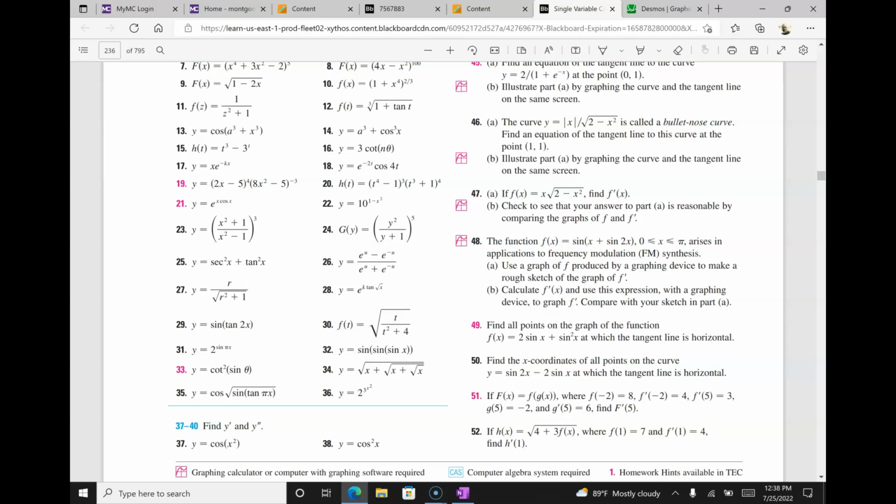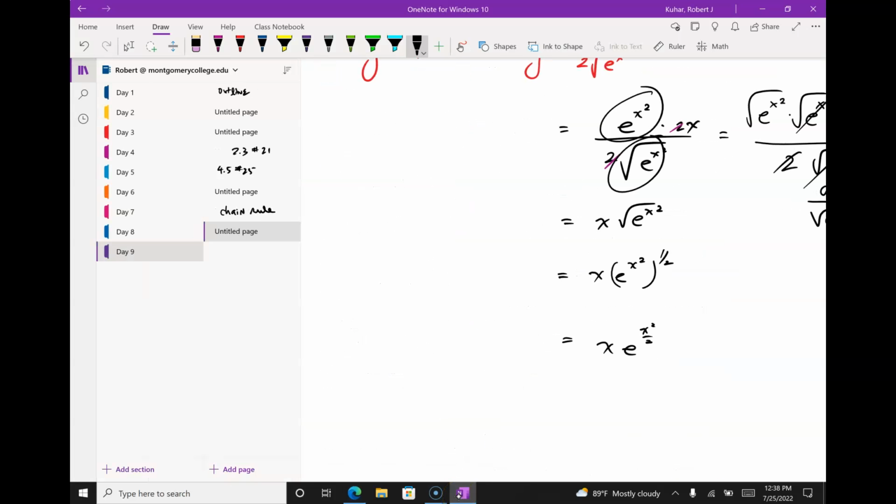Let's do 30. I'm going to change it to x's.